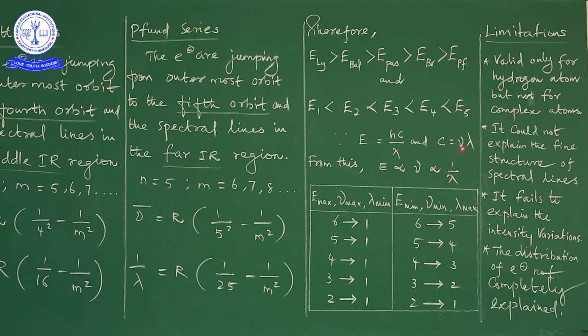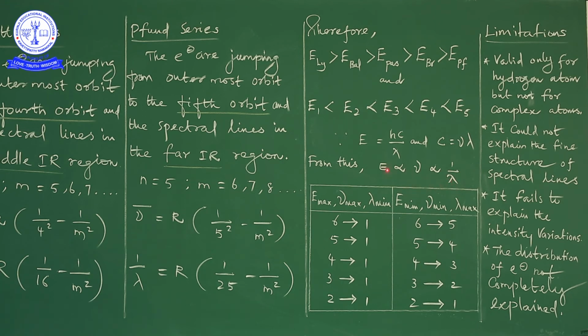From the second relation, c acts as a constant, so nu and lambda are inversely proportional to each other. And in the first relation, hc acts as a constant, so E and lambda are inversely proportional to each other. While comparing both equations and expressing them in a single term, E is directly proportional to nu, which is directly proportional to 1 by lambda.